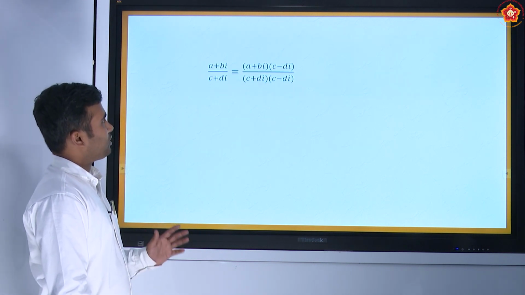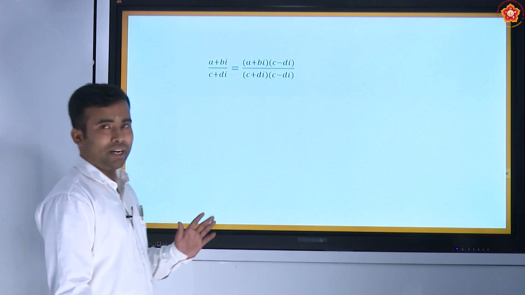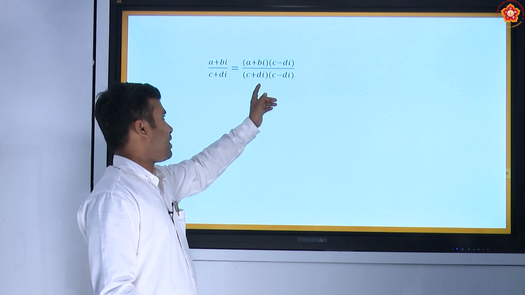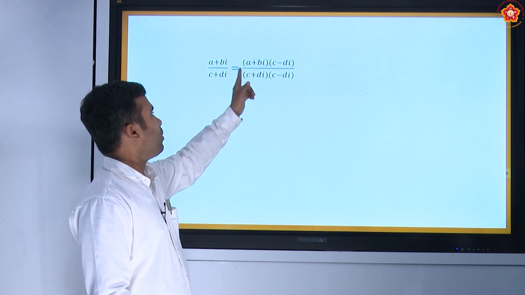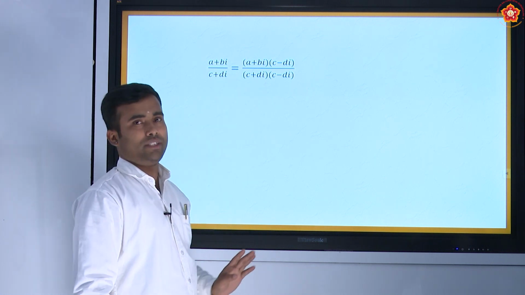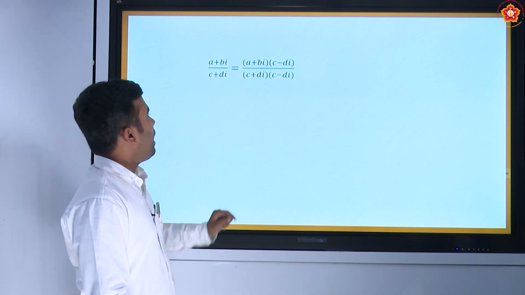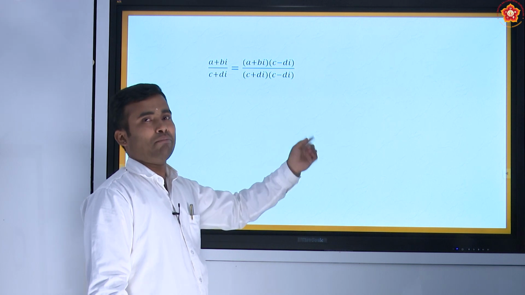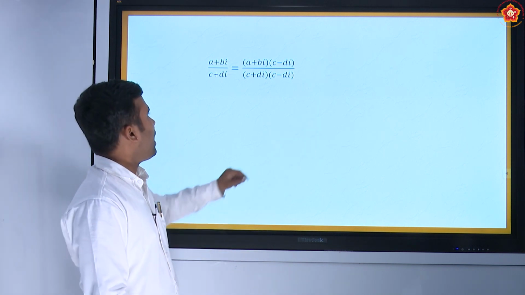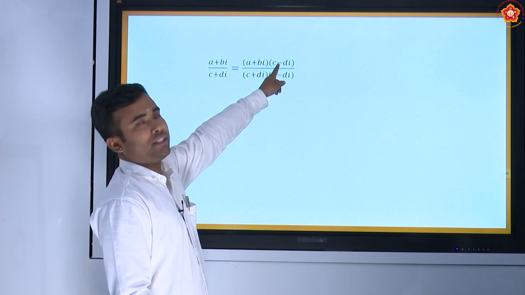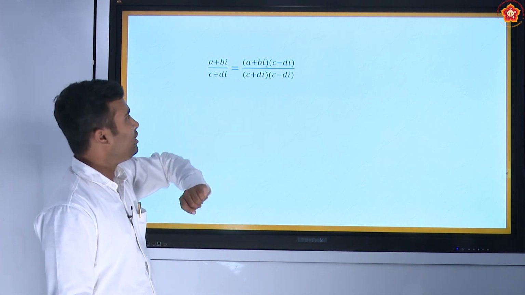Now let us multiply both the numerator as well as the denominator with the conjugate of the denominator. Here the denominator is C plus Di and its conjugate will be C minus Di, and we have multiplied the conjugate to the numerator as well as the denominator.